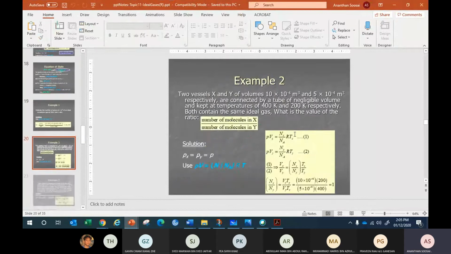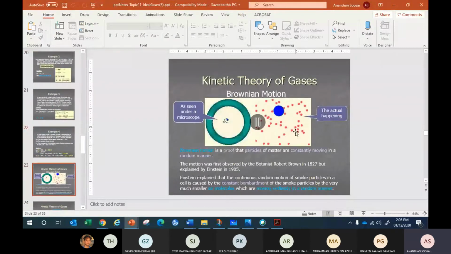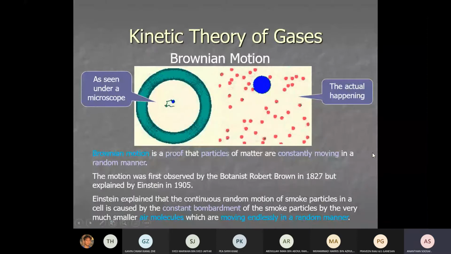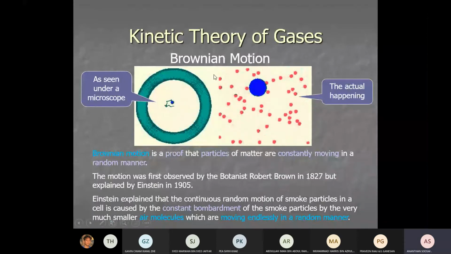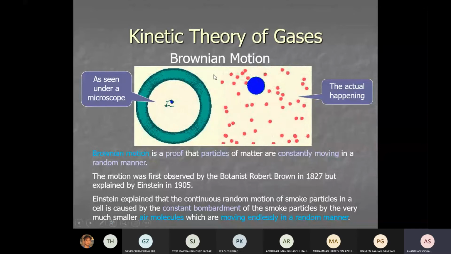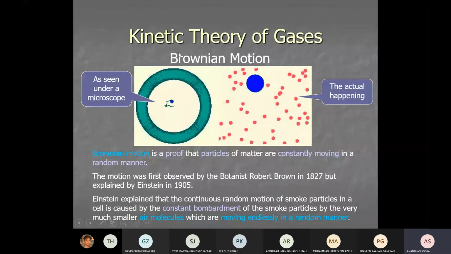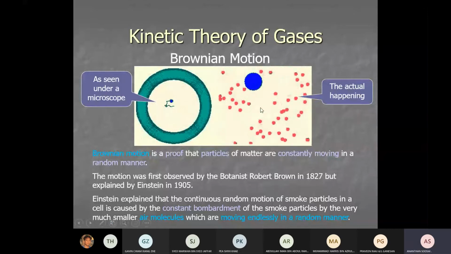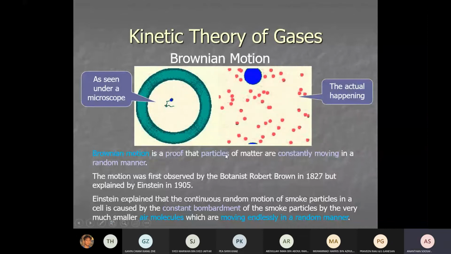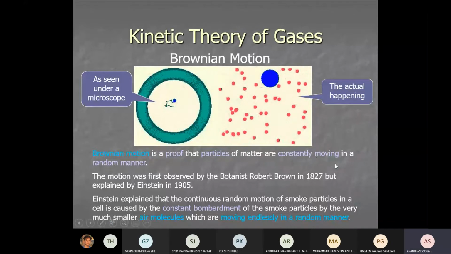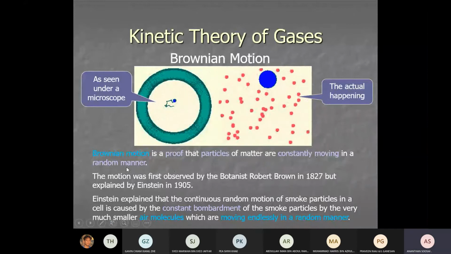Let's skip the examples. Okay, so Brownian motion. You learned this in the early studies, right? Brownian motion is a proof that the air particles move randomly. It is a proof that particles of matter are constantly moving in a random manner.